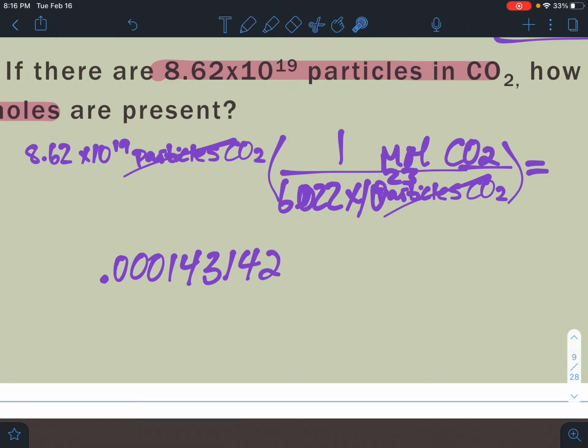Now the number of sig figs in this problem is 3 because of the 8.62. So if you remember from our sig figs unit, you go with the first 3 sig figs, so the 1, the 4, and the 3, and then you look after your last one. In this problem, there's a 1 there, so that 3 is just going to stay the same.